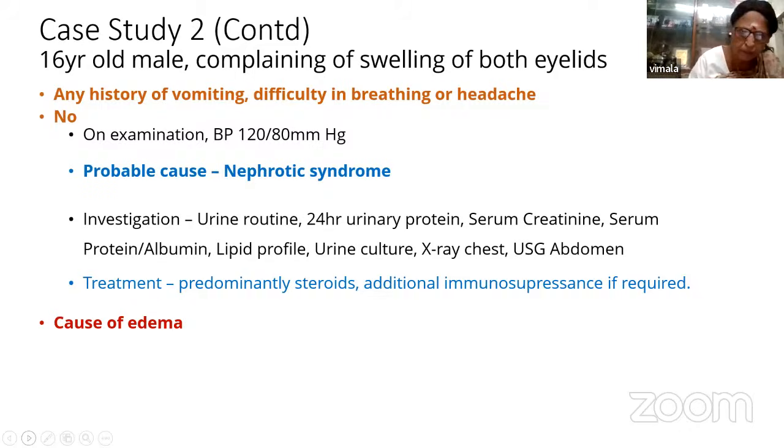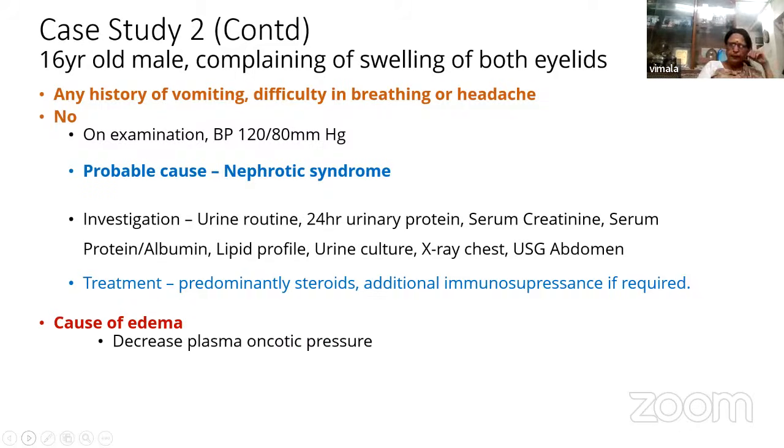So what is the cause of edema here? As we discussed earlier, here the edema is due to massive loss of protein in the urine, hypoalbuminemia, and decreased plasma oncotic pressure, producing edema. So the dictum is whenever somebody has an albumin of less than 2.5 gram, you have to bring up the albumin to at least about 2.5 by giving albumin infusion.